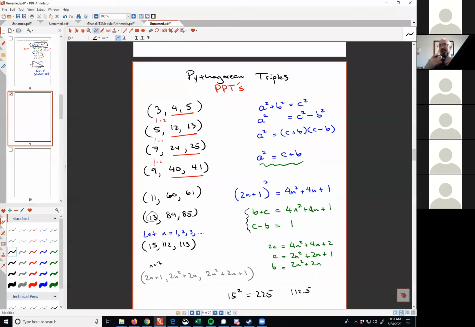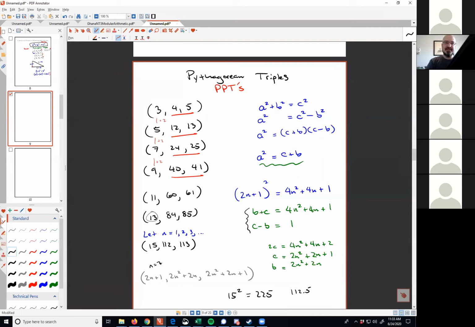And we can do this for any positive integer n, so we have infinitely many primitive Pythagorean triples. These are not all the Pythagorean triples, but since there are infinitely many of these, we know there are infinitely many Pythagorean triples.